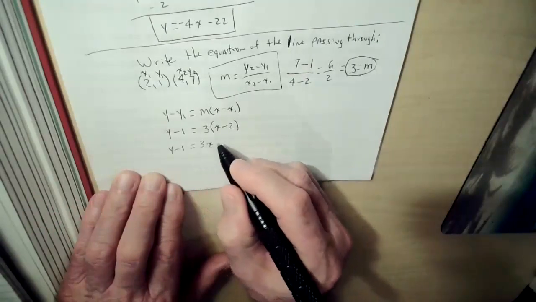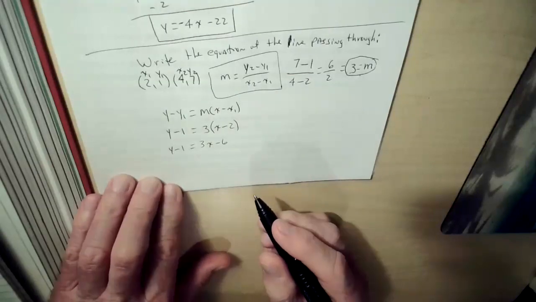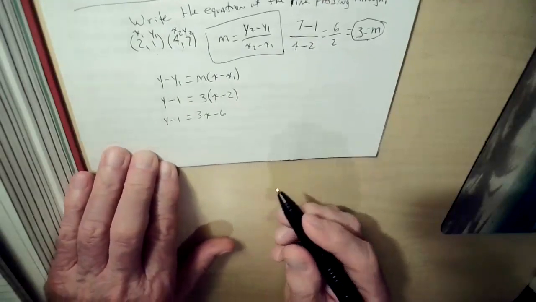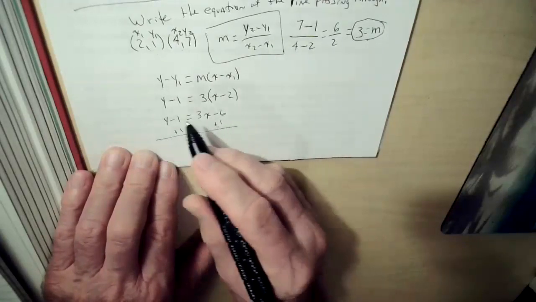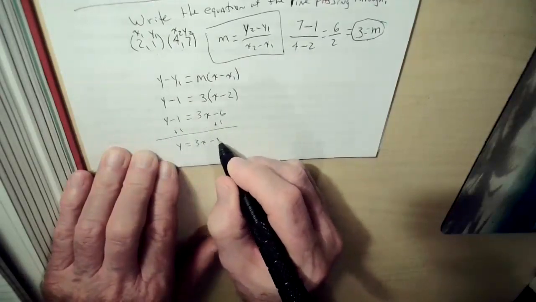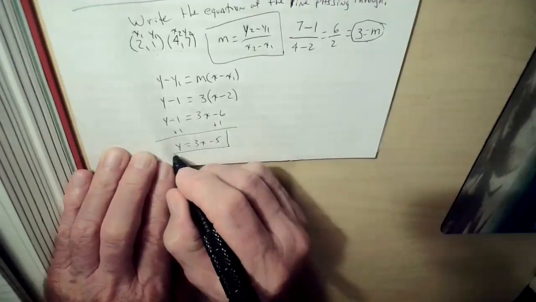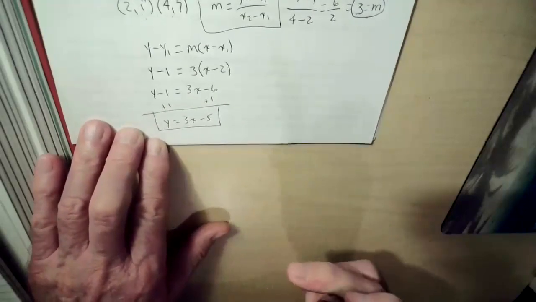Now we do the distributive property here, so we get y minus 1 equals 3x minus 6. Now we add 1 to each side. And we get y equals 3x minus 5.